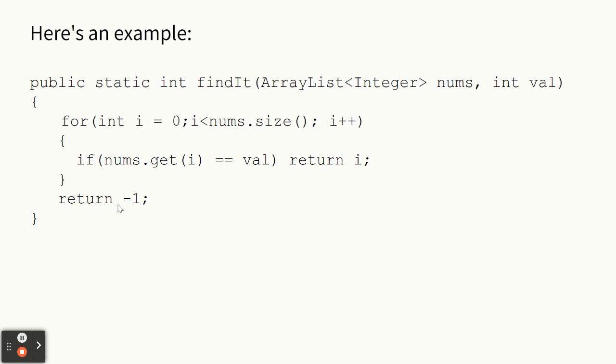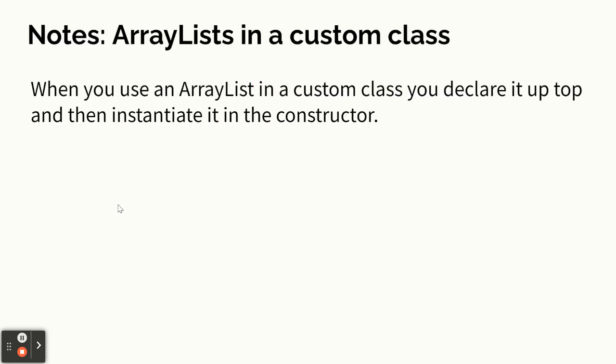Certainly easy to code. Also, if your data isn't sorted, it's kind of the only way that you can look for something. So if you have unsorted data, this is a great way to do it. Maybe the best way.